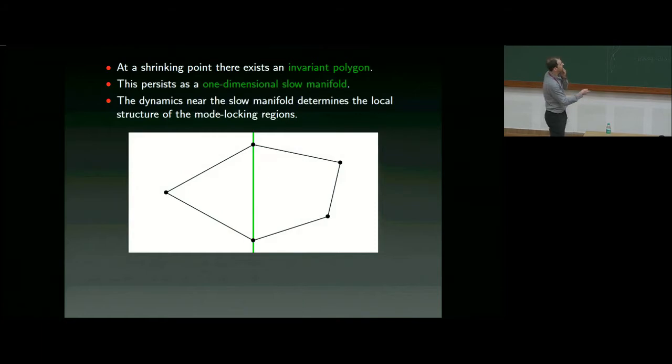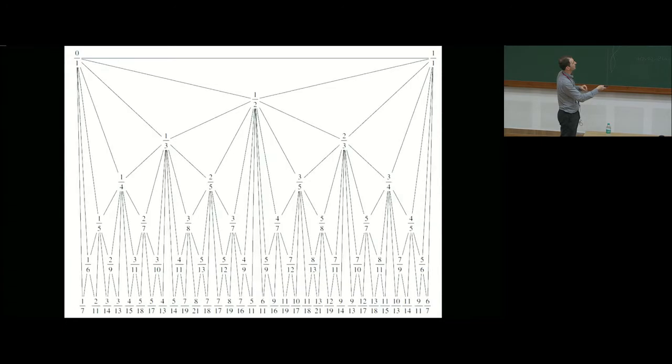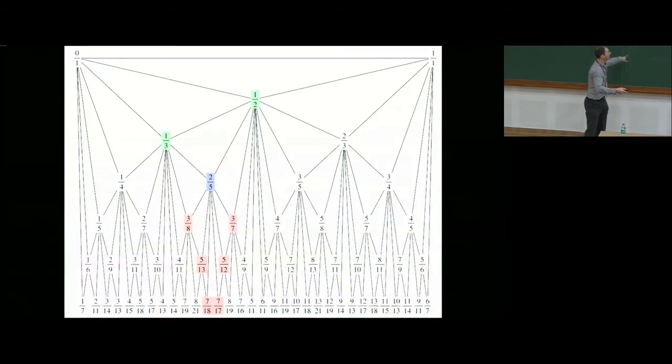Okay, so in particular we can find nearby mode locking regions. That's the new result. So first we need the rotation numbers of the nearby ones, and this requires the Farey tree, just quickly. Yeah, so the Farey tree is a graph on rational numbers between 0 and 1, and so suppose that the shrinking point corresponds to rotation number 2/5, then I can use this tree to come up with two sequences.